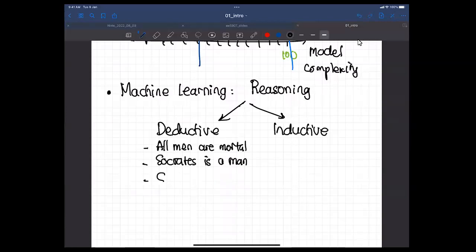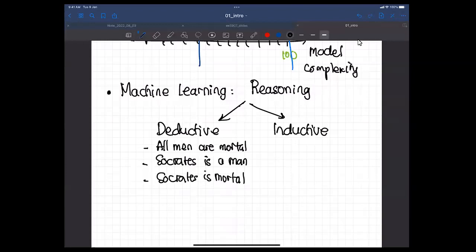Hence, Socrates is mortal. Okay, so this is called deductive. This is a perfect inference. It's always correct. The fact that Socrates is mortal is correct, mathematically speaking. This is called deductive reasoning.